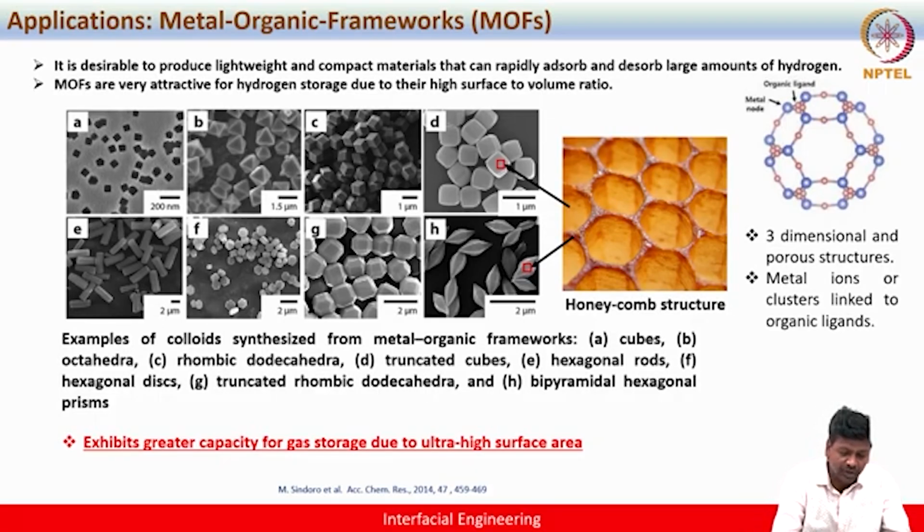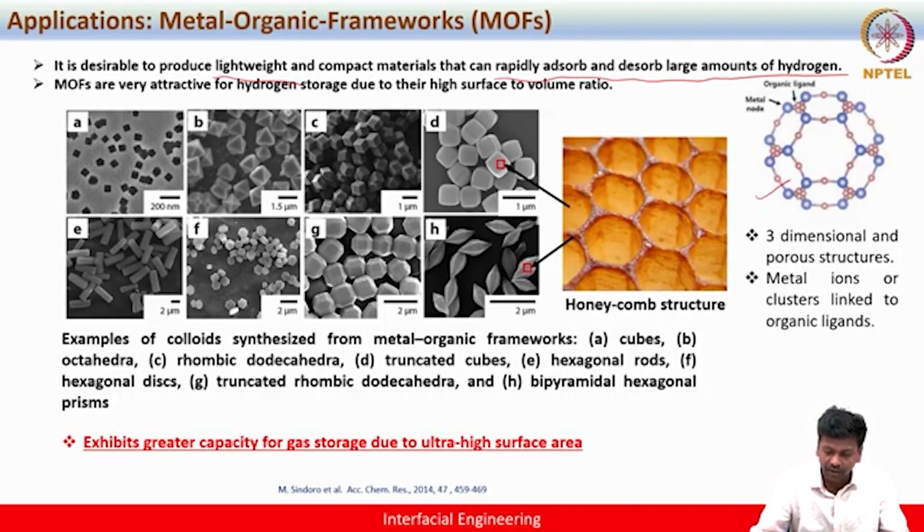The advantage that we have here is that it produces lightweight and compact materials. We can use this material to absorb or dissolve large amounts of hydrogen, because it contains three-dimensional network porous structures.